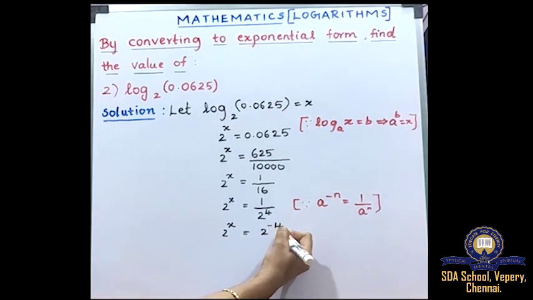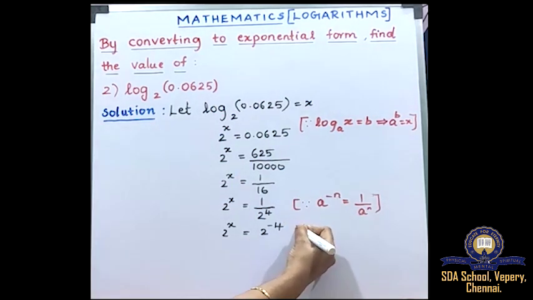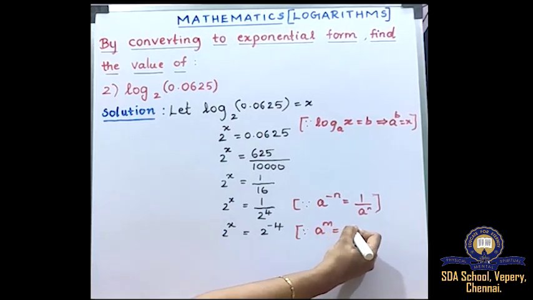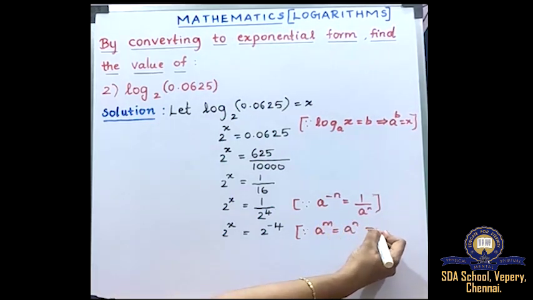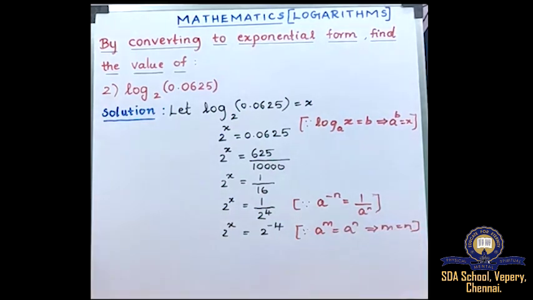So minus 4. Now we have studied another law, which is if a power m equals a power n, then m equals n, right? So when you apply this law, you are going to equate the exponents. Since you have the same base, 2 equals 2, you are going to equate the exponents. So x equals minus 4. So now we have found the value of x to be minus 4, right?